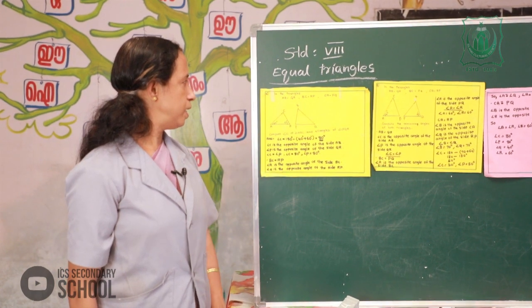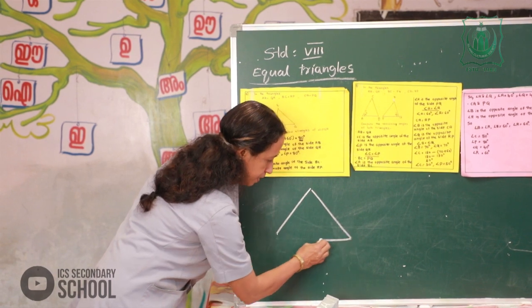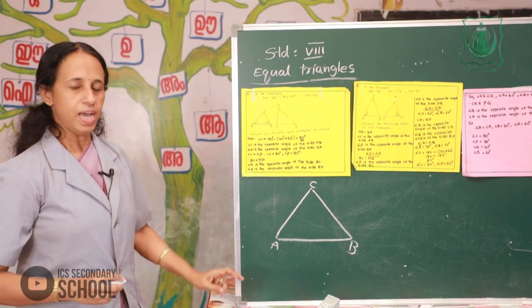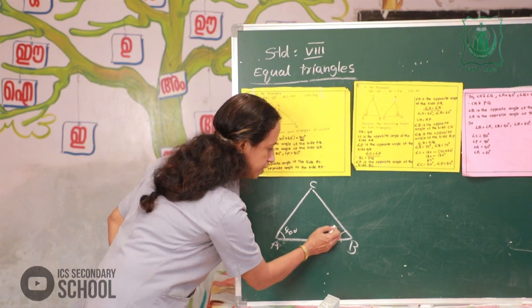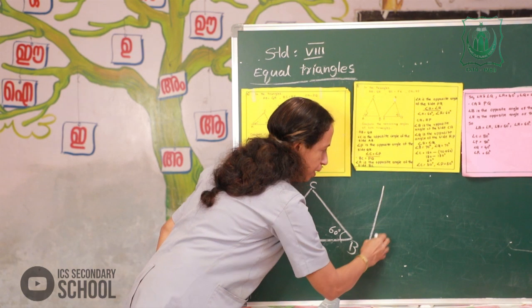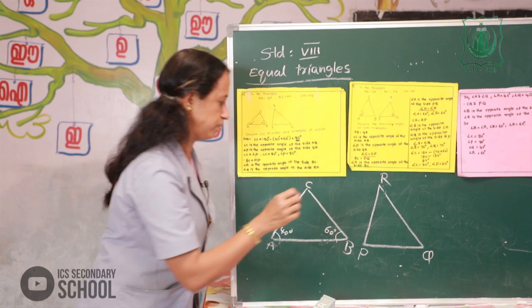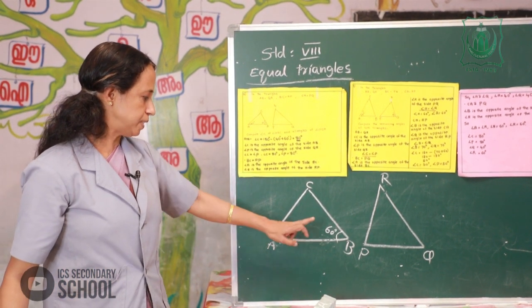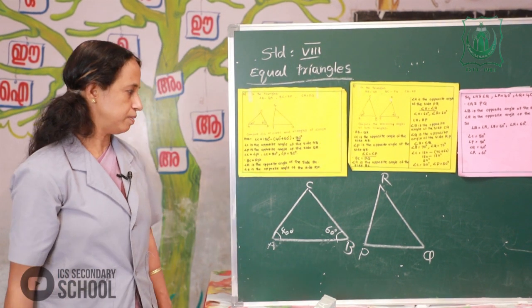In triangle ABC, angle A equal to 40 degrees, angle B equal to 60 degrees.